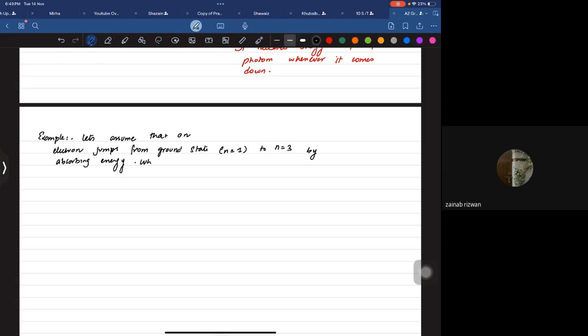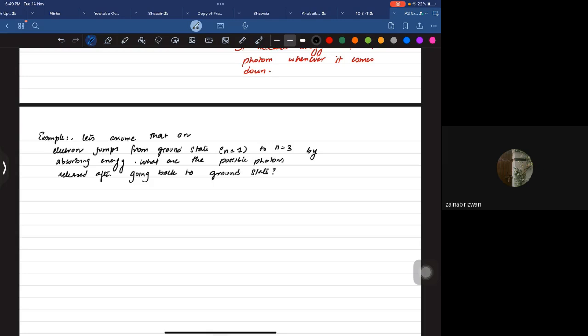So we want to know what are the possible photons released after going back to ground state. All right.